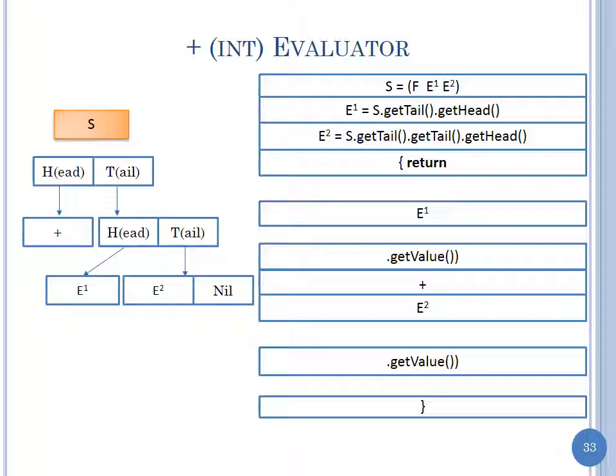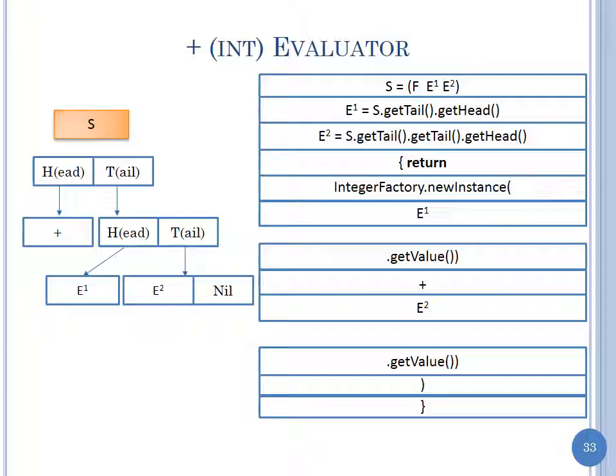If E1 and E2 were directly atoms, I could have called get value directly. But also I have to do the backward conversion too. I've got to return an S expression. We know we're talking of integers, so I can't just return the value back. I'll get a type error. So I have to create a new atom out of it.